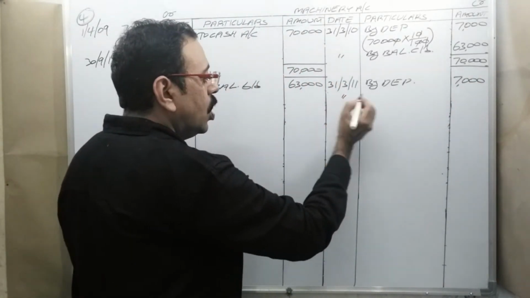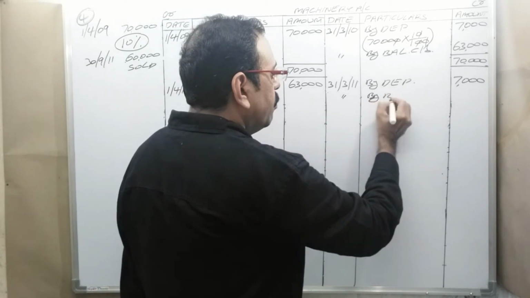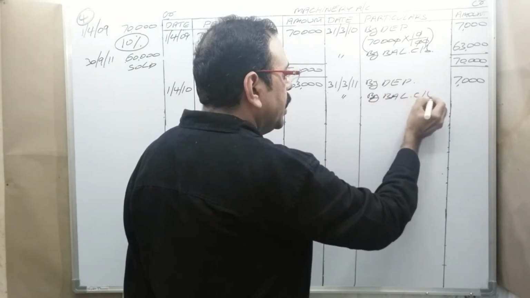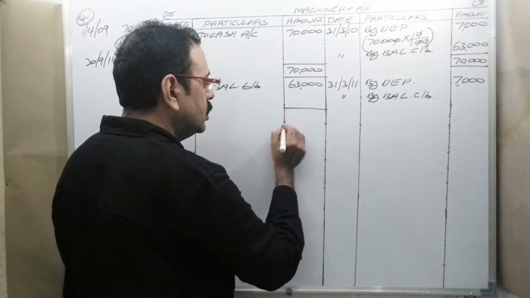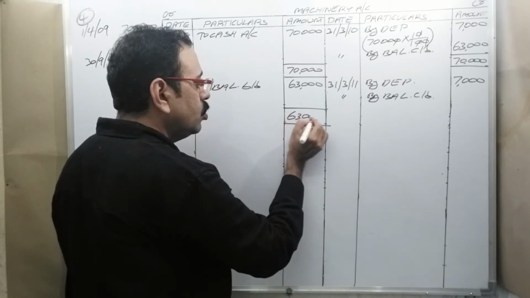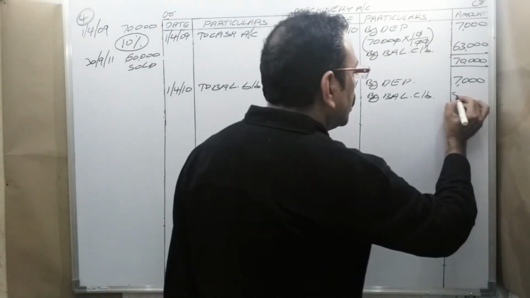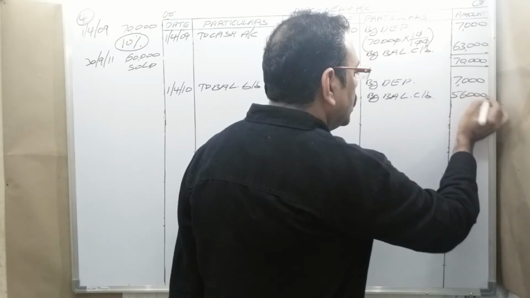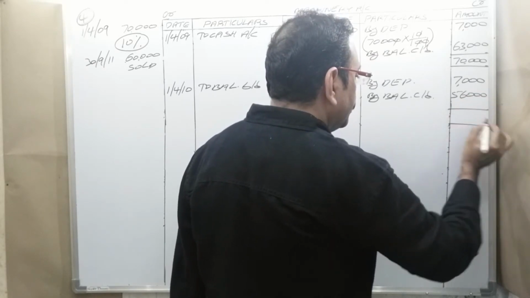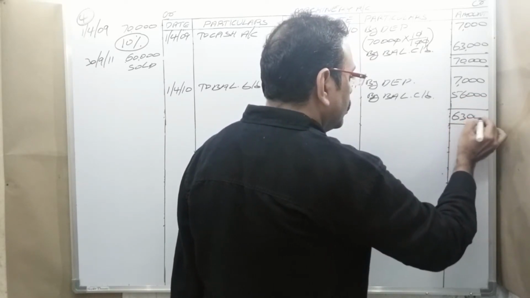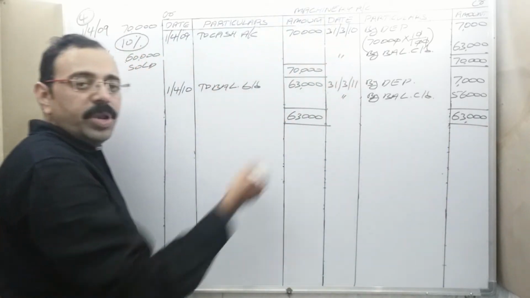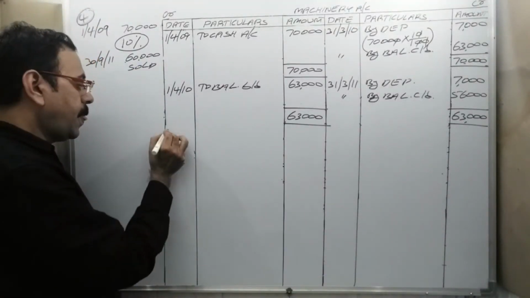Then on that day, balance carried down is 63,000 rupees minus 7,000, 56,000 rupees. Now, bring the balance to the next year.